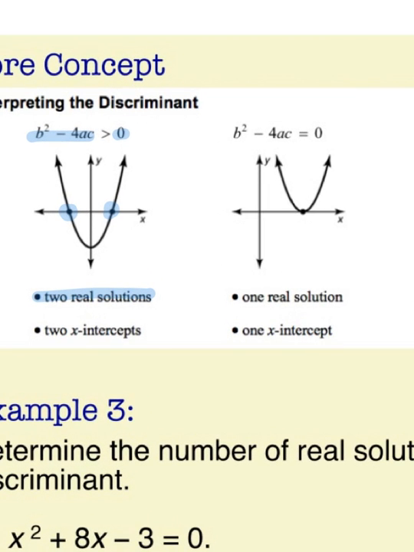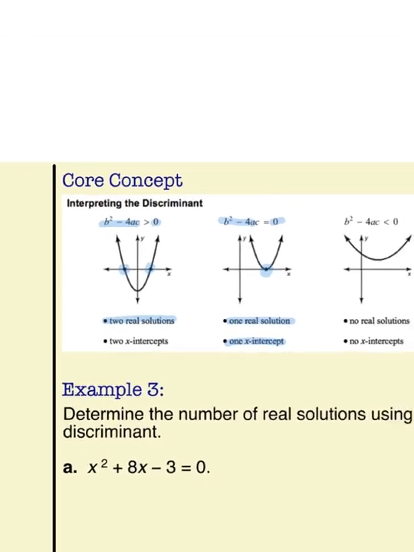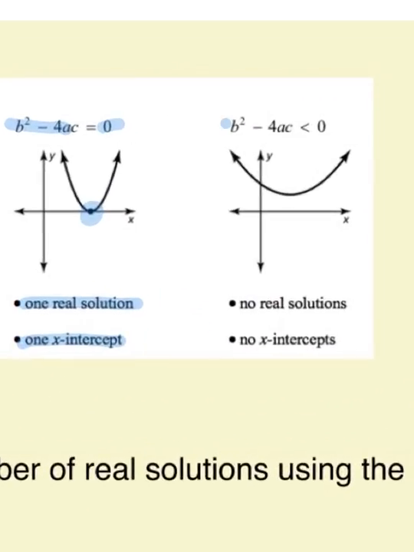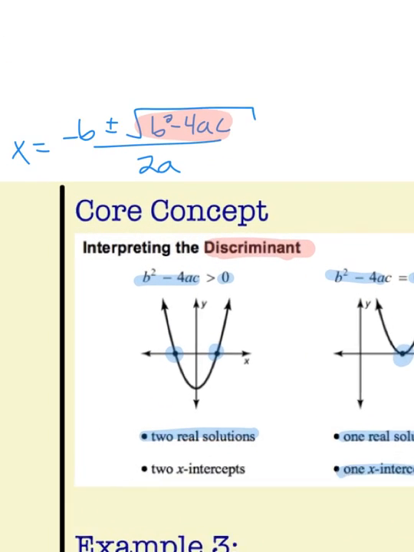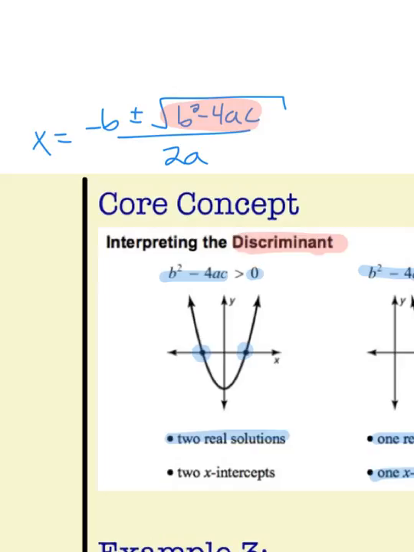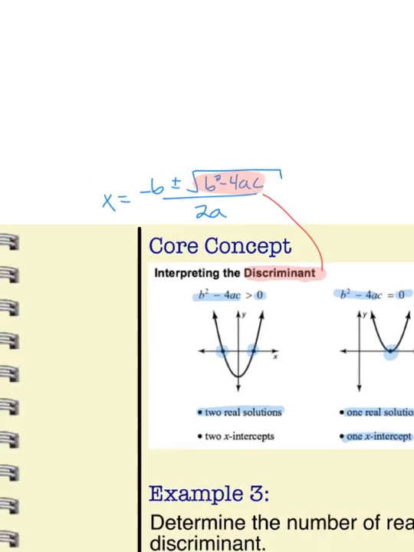If it's 0 under the square root, there is one real solution, and the x-intercept is at y equals 0. And if the discriminant is negative, if it's less than 0, that means there's no real solutions. It's not going to cross the x-axis. And the discriminant is again that b squared minus 4ac, the part that's under the square root of the quadratic formula.